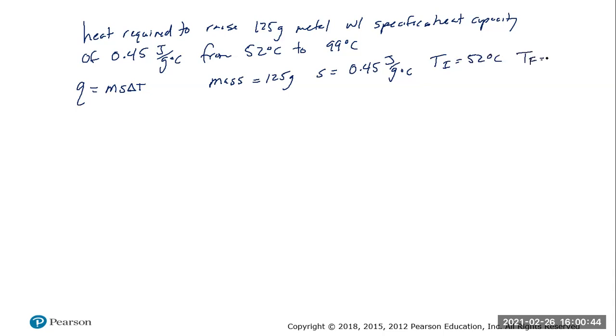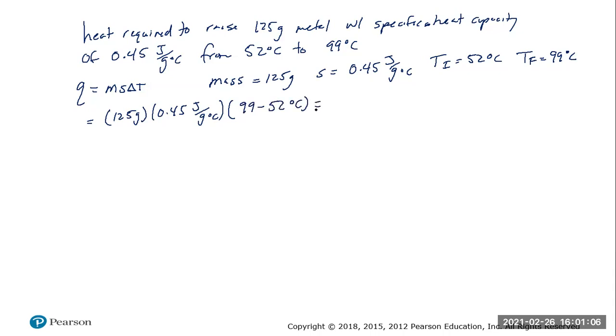Final temperature is 99 degrees Celsius. So if we wanted to figure out the heat, we would plug it in and we would have 125 grams. We would take our 0.45 joules per gram per degree Celsius. And again, we always want to do final temperature minus initial temperature.